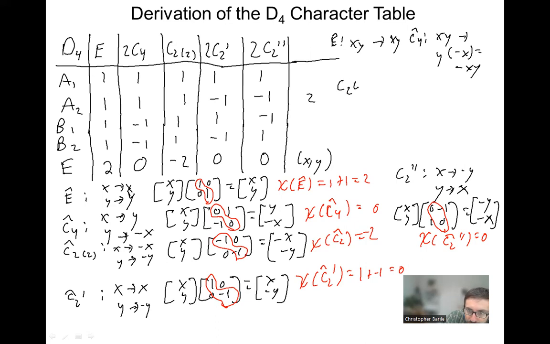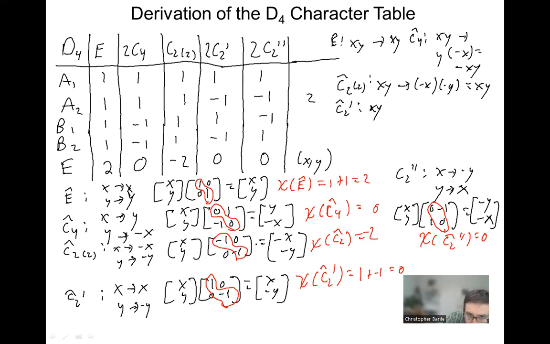What did C2z do to xy? Well, C2z took x to negative x and y to negative y. So that equals just xy. And what did C2 prime do?